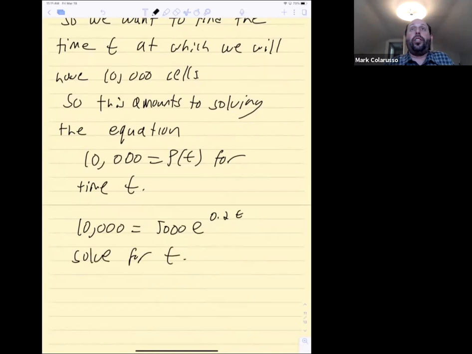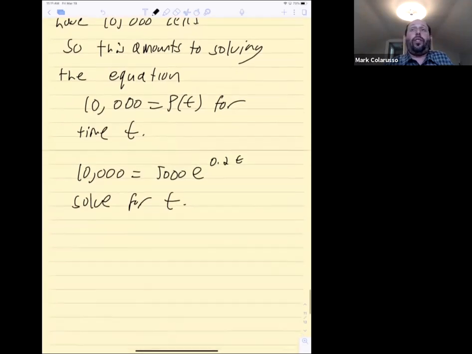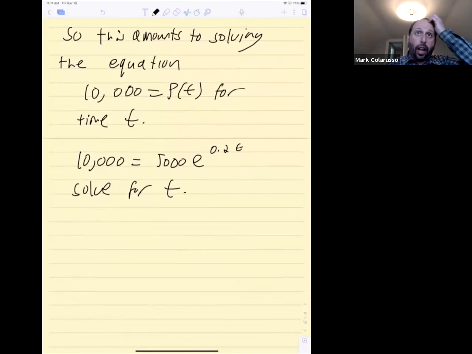This is a problem we've already done. It doesn't even involve calculus. It's just a problem of solving exponential equations. So we just need to solve this exponential equation for t.